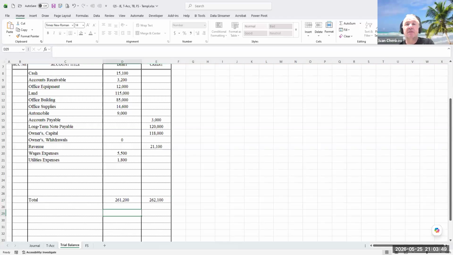Now I have to find out what's the difference. And the difference here, as you can see, 262,100 minus the 261,200, the difference is $900. 9 plus 0 equal to 9. Transposition error, right there.